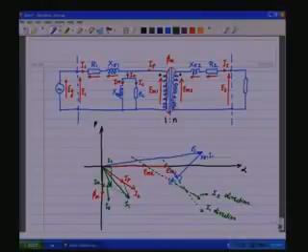So, along this I2 direction from here, we have minus R2 I2. So, this would be the plus R2 I2, therefore, we have to go in the minus direction. This is minus R2 I2 direction.